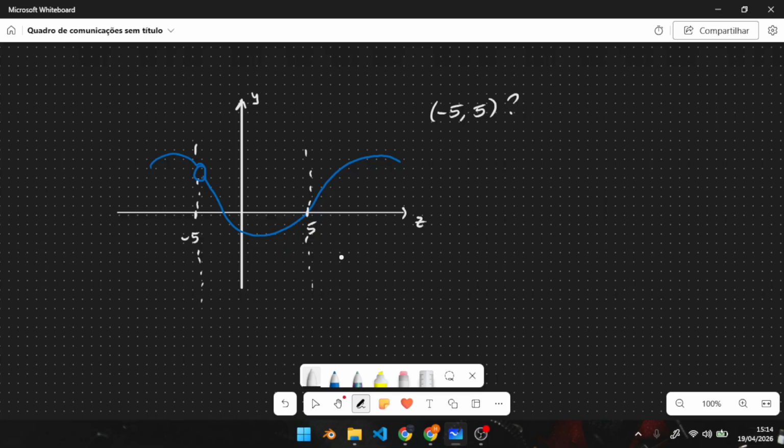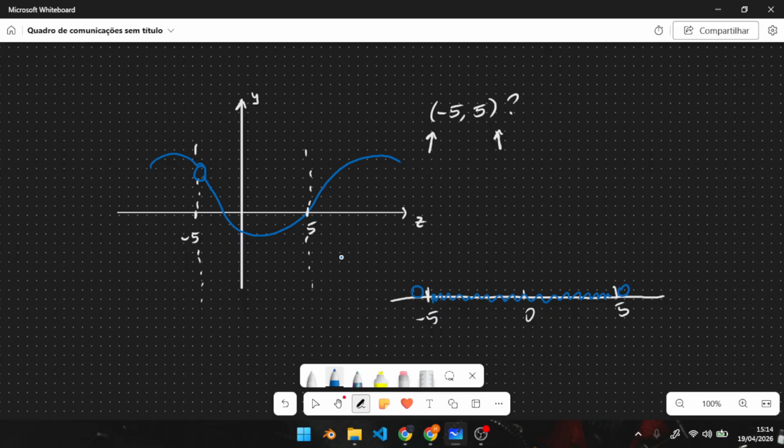Why? Because when you have parentheses here, okay, that means is the function continuous in an interval like this? You have 5 here, let's say you have 0 here. Is the function continuous in this interval right here, but it doesn't count 5, neither minus 5.